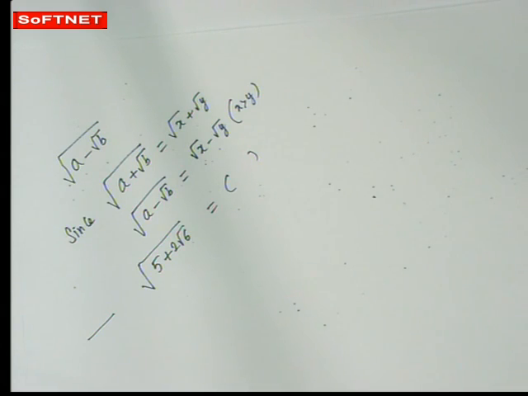So, we get 5 plus 2 root 6 is equal to x plus y plus 2 root xy. Comparing rational and irrational terms on both sides, we get x plus y is equal to 5 and 2 root xy is equal to 2 root 6. So, we get x plus y is equal to 5 and xy is equal to 6.